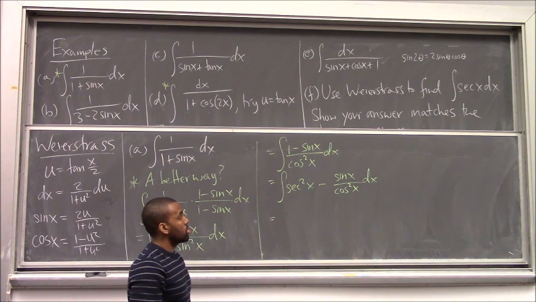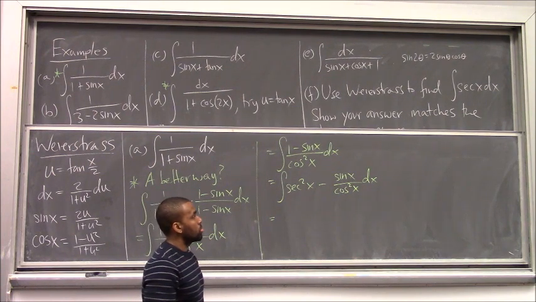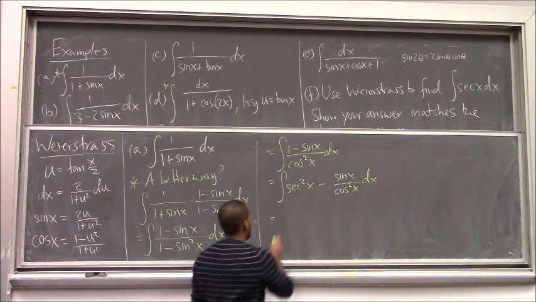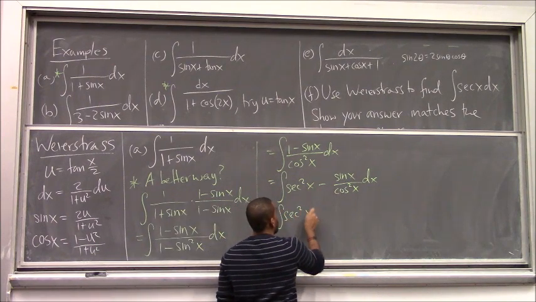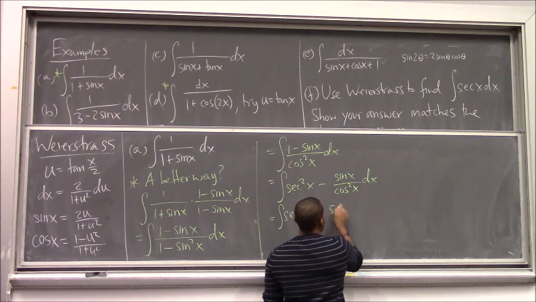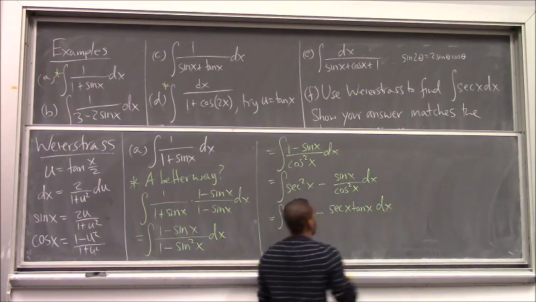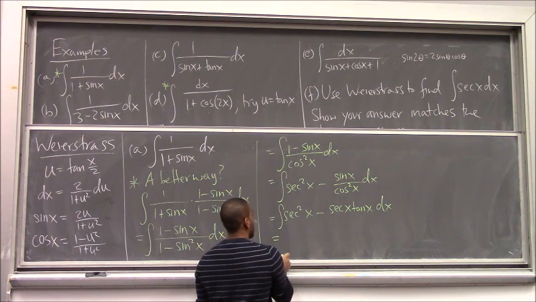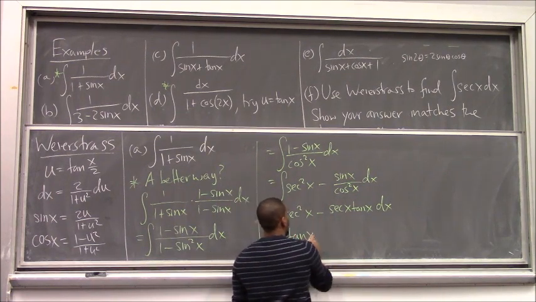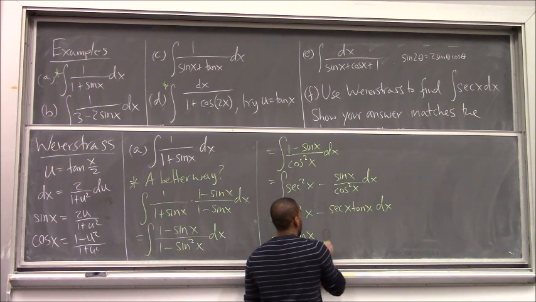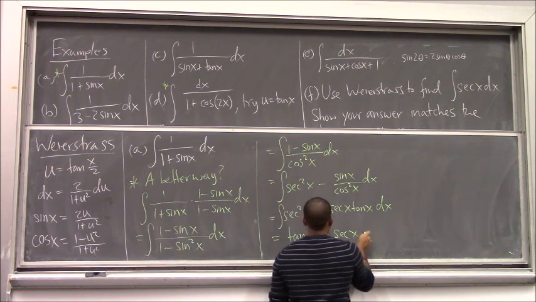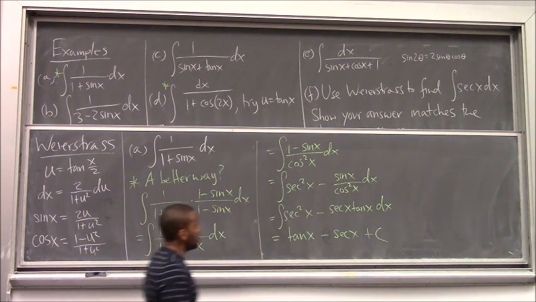You can break that into sine over cosine and then 1 over cosine, which is tangent times secant. So this is secant squared, and this is secant times tangent. The integral of this is tangent, and the integral of that is secant. So that's another way to do it.